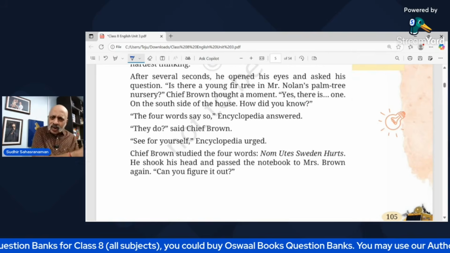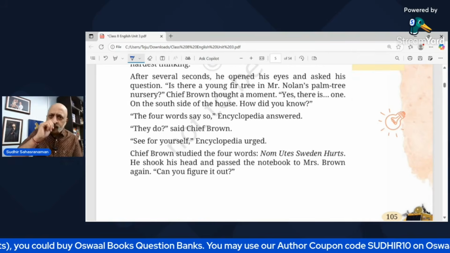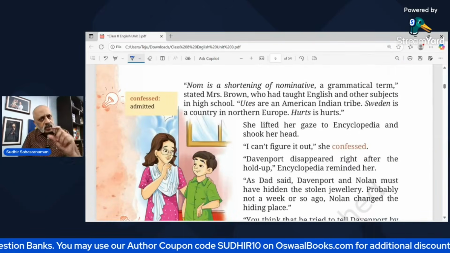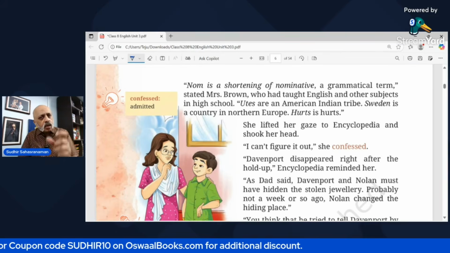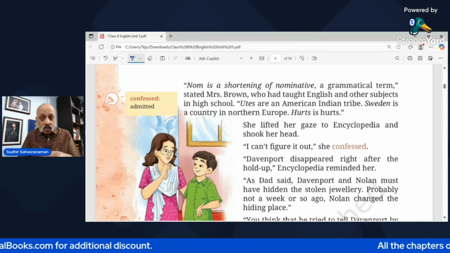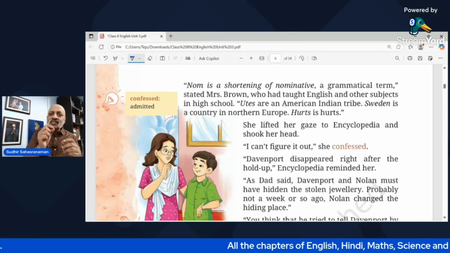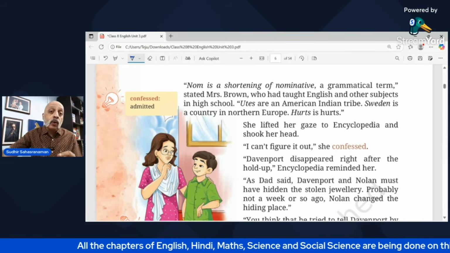I can't make out. Why is he saying that the 4 words are saying that there is a fir tree in the nursery? Norm is a shortening. Now, the lady understands a bit of English language and grammar. So she says, norm is a shortening of nominative, which is a grammatical term, because she had taught English and other subjects in high school. Nominative is like the use of the noun and pronoun.